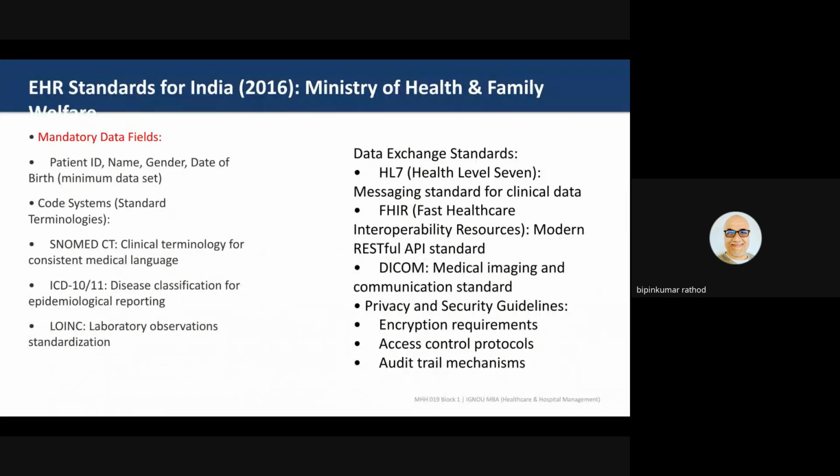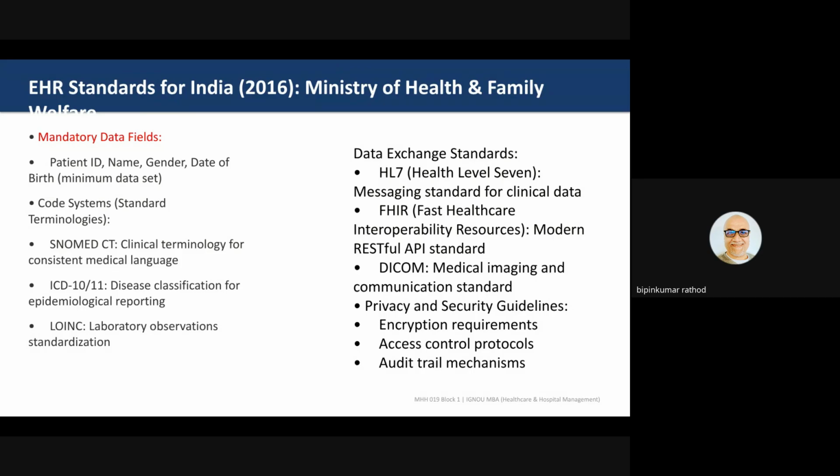So we have three standards here. One is the code system, meaning we have different terminologies like SNOMED, ICD-10 and 11, and LOINC. We have EHR standards for data exchange: HL7, FHIR and DICOM. These are the exchange standards.